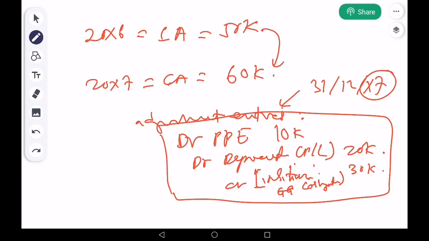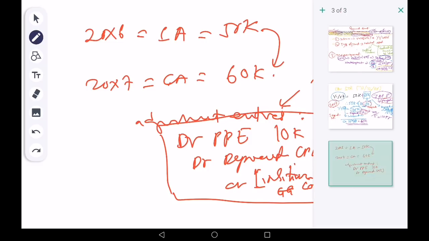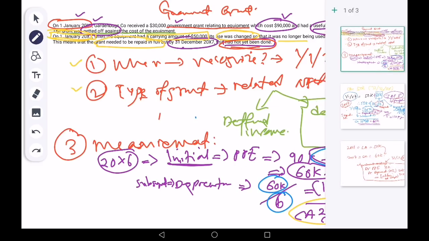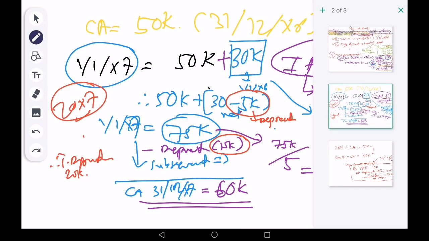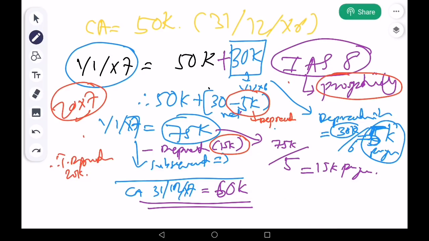Class, remember, for SBR level, you must explain in essay form. You must explain in the narrative, mention about when to recognize, type of grant, the method being used. You have to, but even focusing on this, you save 5k. You see, you save 5k here. And next, you're talking about IAS 8 as well, because this is a change in accounting estimate. When I say change in accounting estimate, it means prospectively.